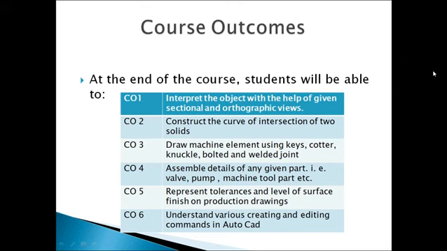CO3, course outcome 3: draw machine elements using keys, cotter, knuckle, bolted and welded joint. So when we take lectures, or when we take a practical, we draw symbols for knuckle joint, bolted joint, welded joint.